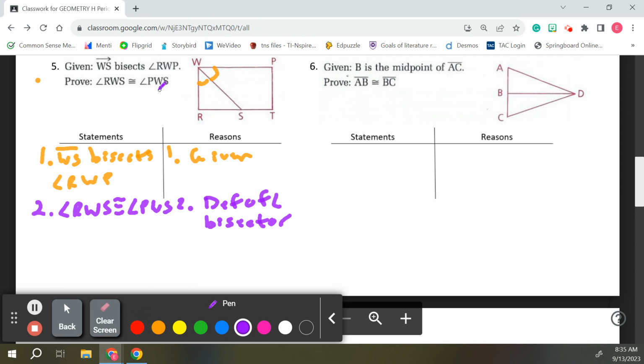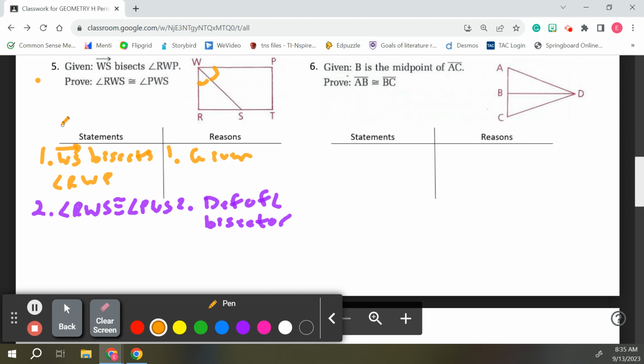Good question. I'm glad you're asking. Are there any other questions? What is the top word? The top one is just repeating this right here. What does the number 2 word say? Oh, definition of angle bisector.